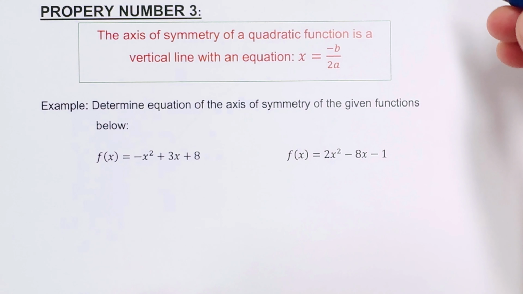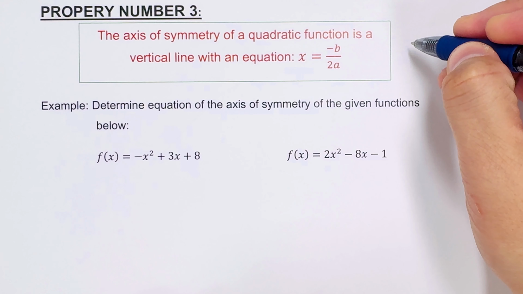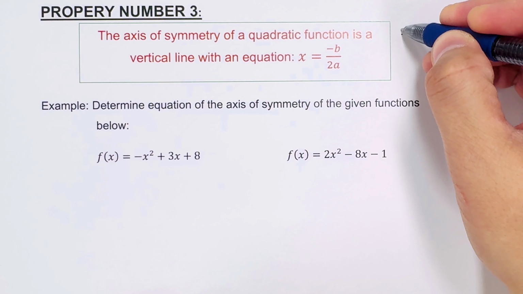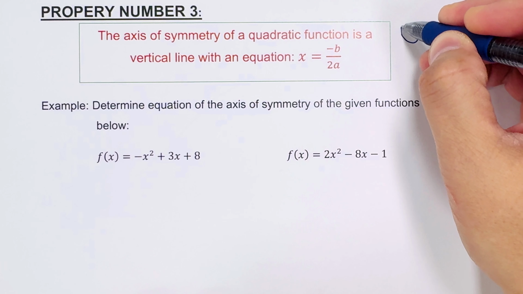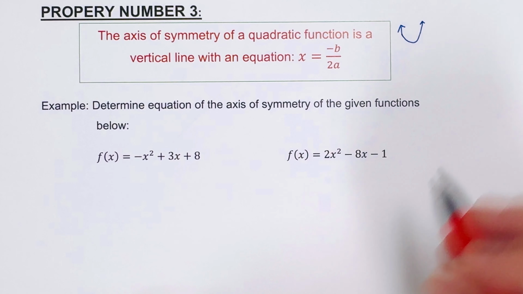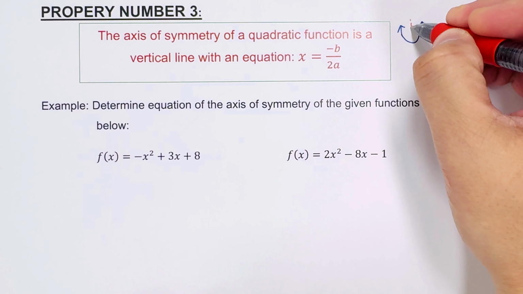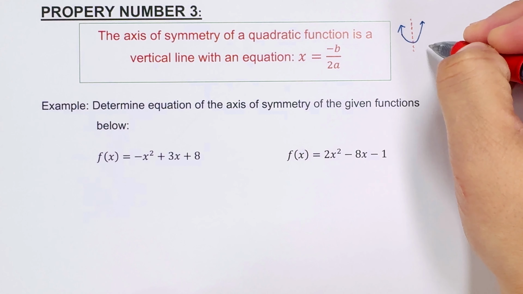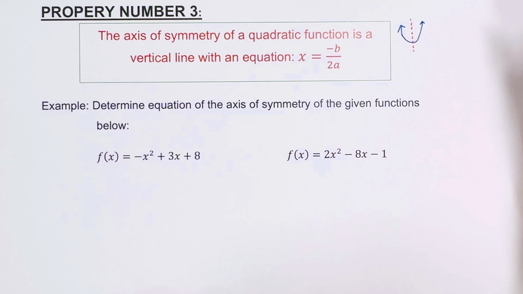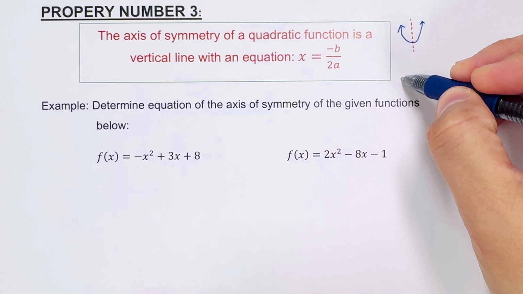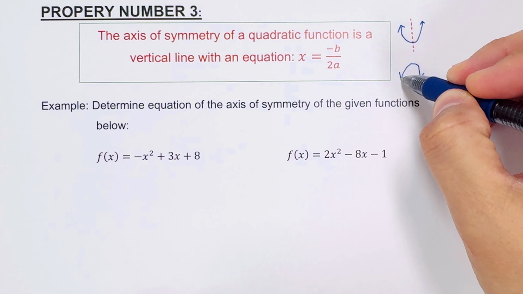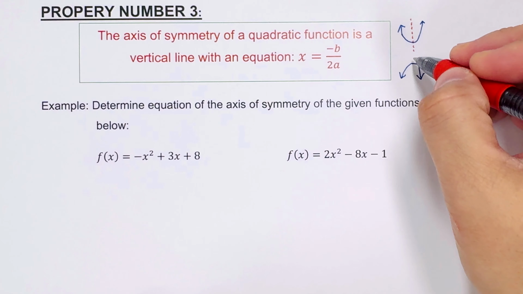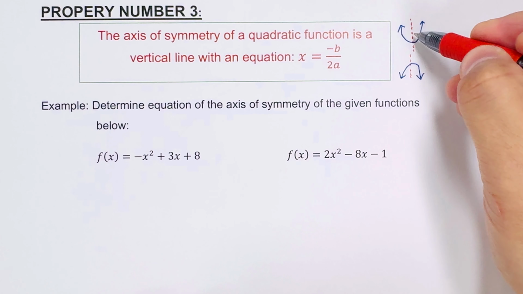So please remember that if we say axis of symmetry, so if the graph opens up, the axis of symmetry breaks the graph into 2 pieces, left and right. So this is our axis of symmetry, the red line. If we have a graph that opens down, the axis of symmetry again breaks this graph into 2 pieces, left and right.